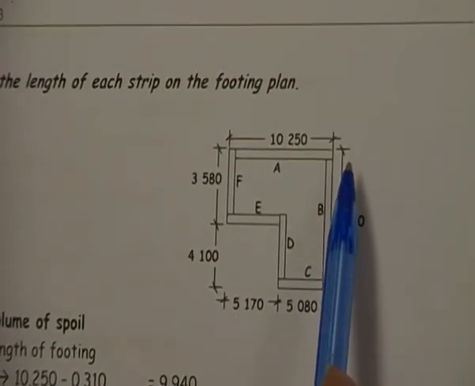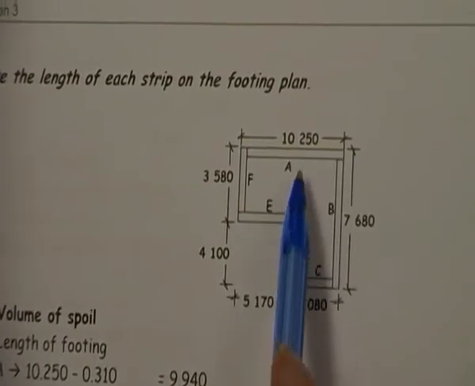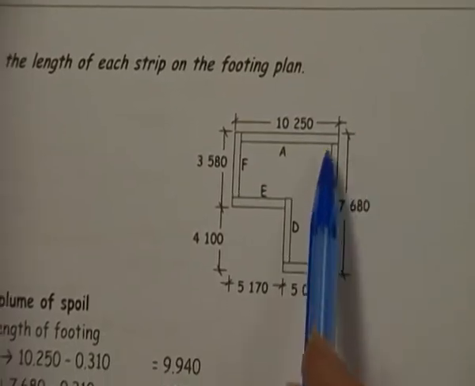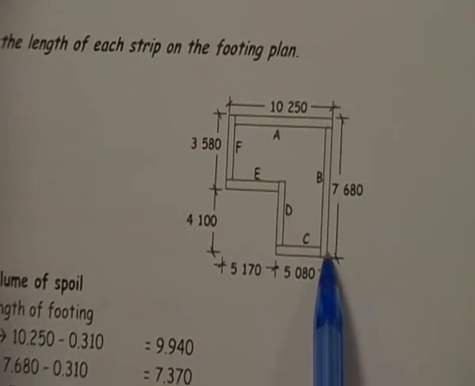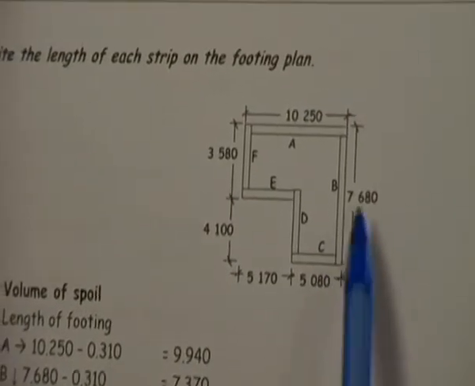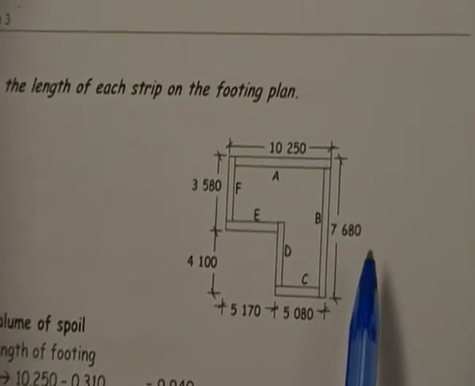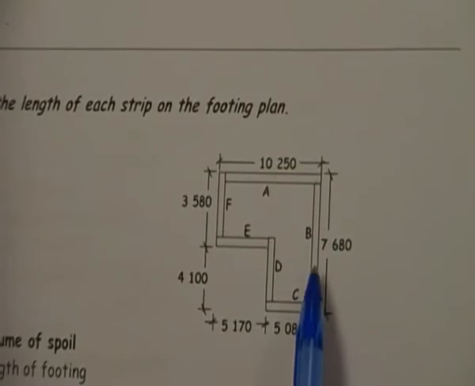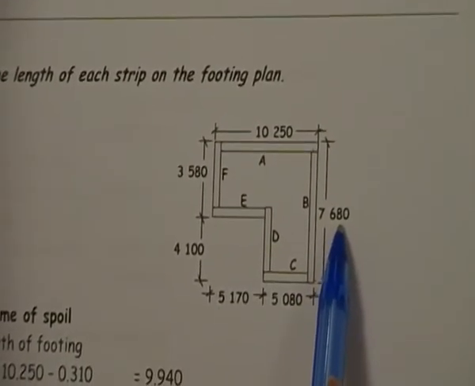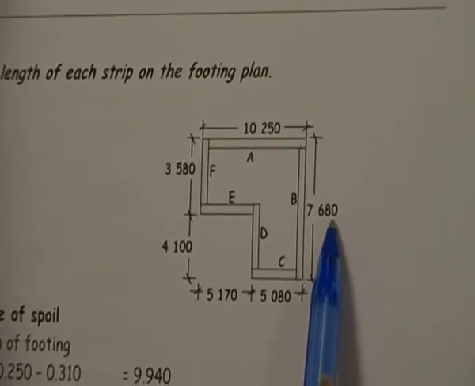I'm going to get a new figure of 10.25 for A. I'm coming to B, and when I added my sides up originally, it was 3.5 and 4.1, and then I'm going to add my 80, so I'm getting 7.68.